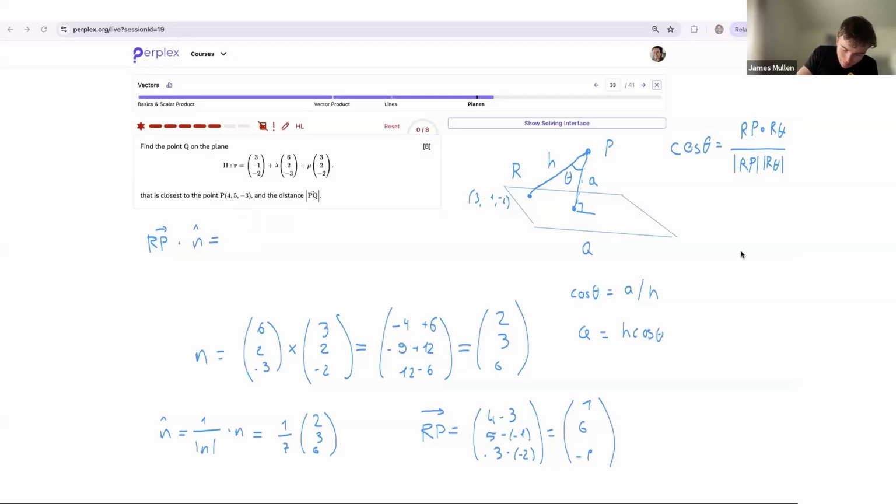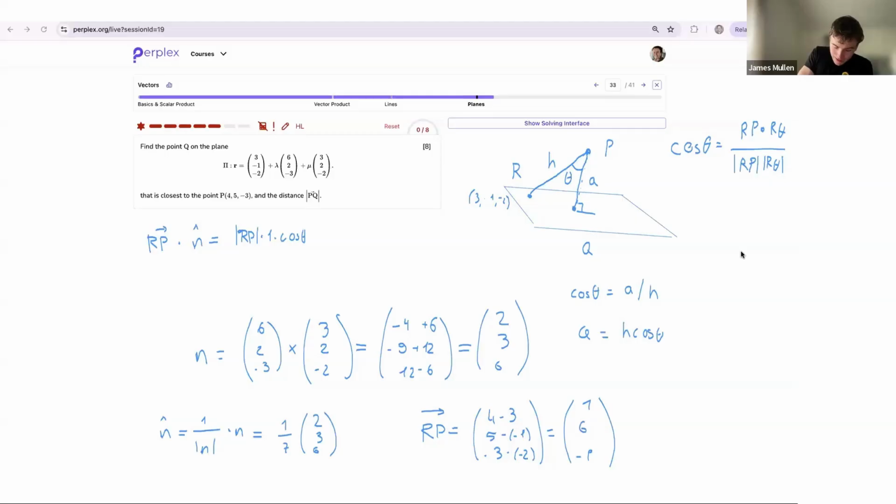So it should give me the magnitude RP times 1 times cosine of theta, all right? And RP times the cosine of theta is the hypotenuse times the cosine of theta, which is going to give me the adjacent length. And so this does indeed give me the correct answer.